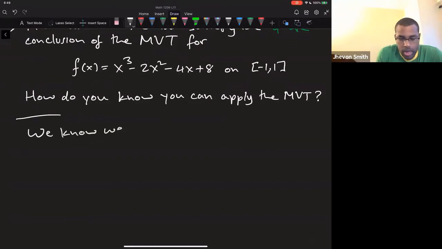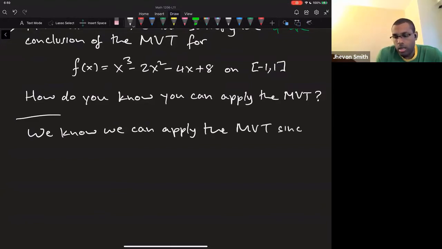We know we can apply the MVT since f of x is continuous on -1 to 1 because it's a polynomial.